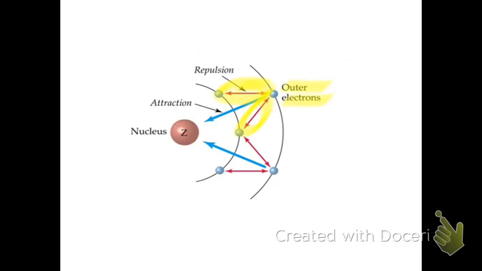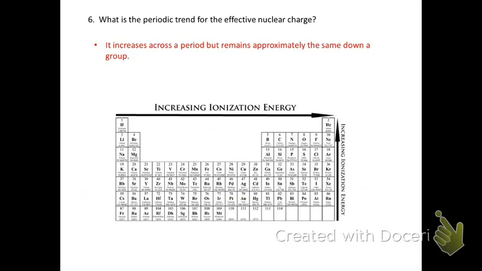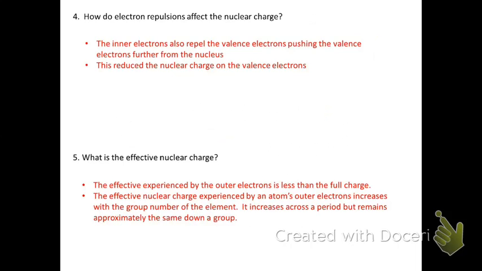Alright. So, what does this all mean? How are repelling and shielding going to affect the nuclear charge overall?